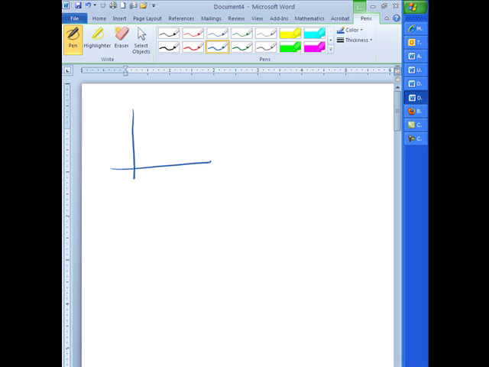If I had this graph and I wanted to know the area under this curve from, let's say, A all the way out forever. So I wanted this area.